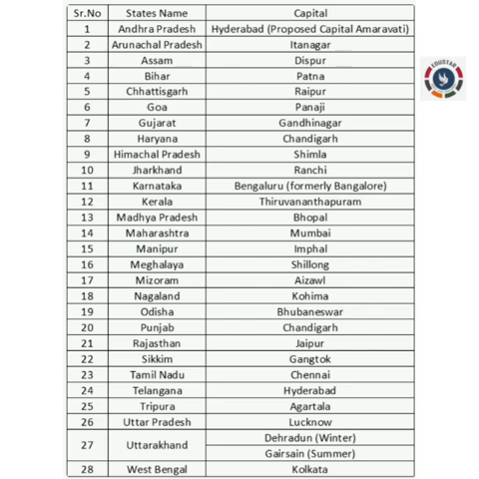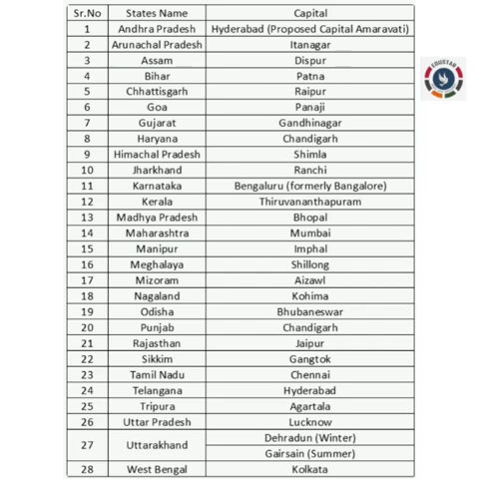Jharkhand, Ranchi. Karnataka, Bengaluru. Kerala, Thiruvananthapuram. Madhya Pradesh, Bhopal.